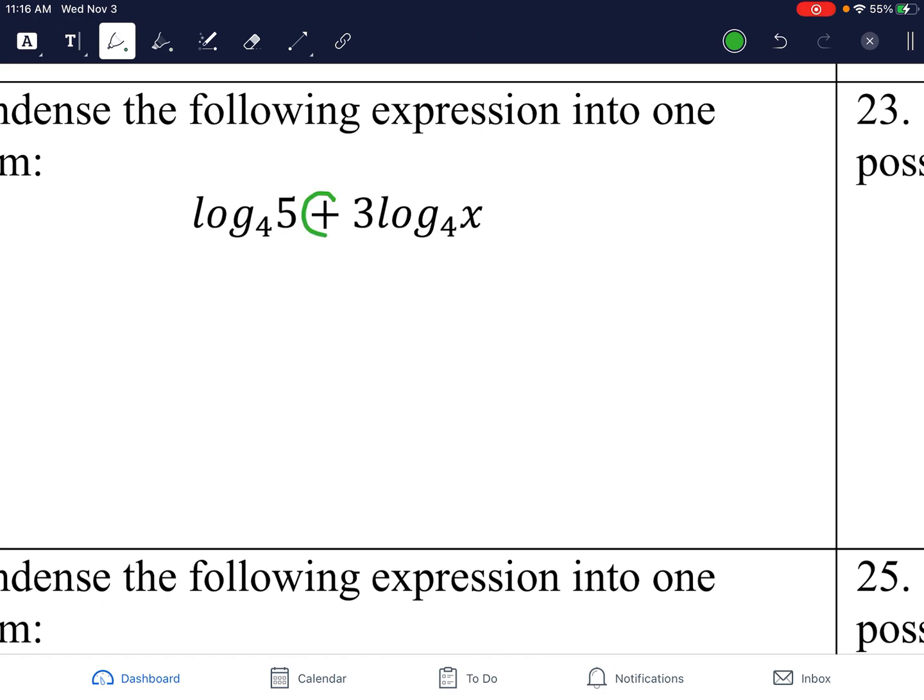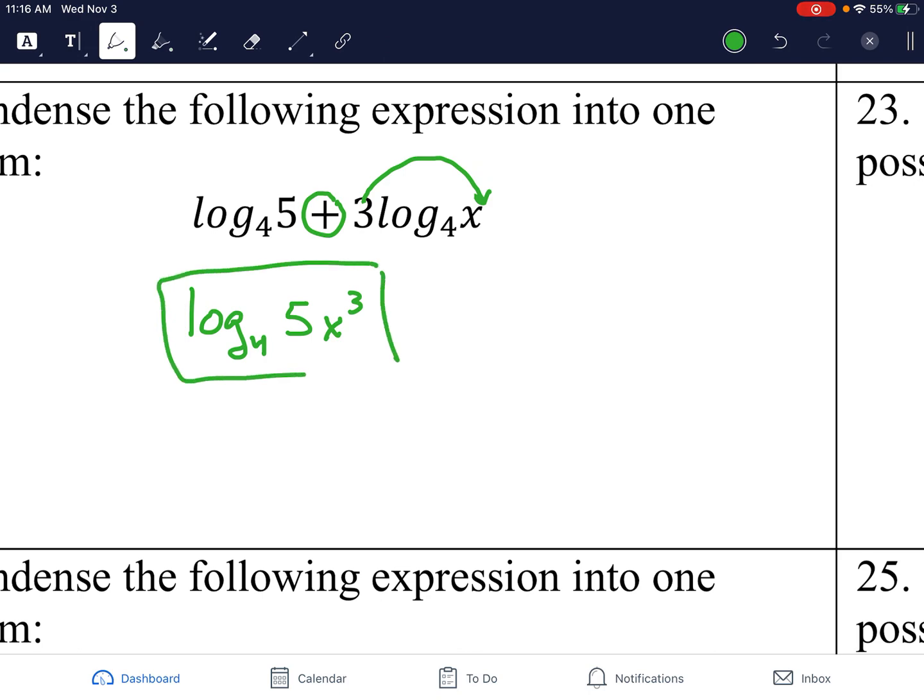Because it's a plus, we're multiplying our terms. So you have log base 4, and then 5. The 3 becomes an exponent on the x, x to the third. There's that one.